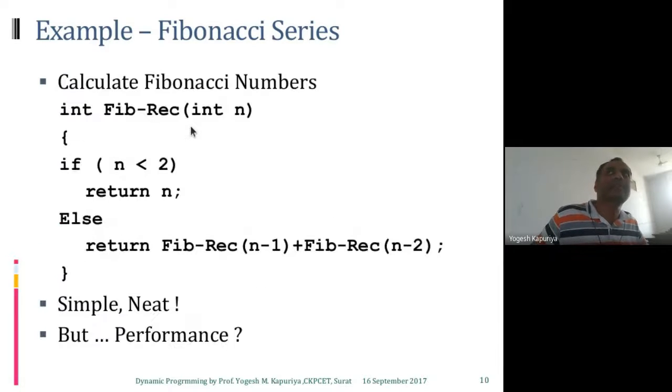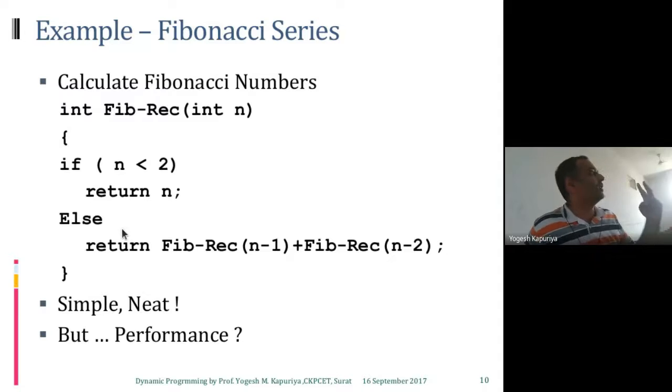In this case, when you call Fibonacci of n, that is your parent instance. Fibonacci of n is making calls to n minus 1 and n minus 2, right? If you are calling merge sort from left to right, then merge sort is making two other calls: from left to mid, and from mid plus 1 to right.